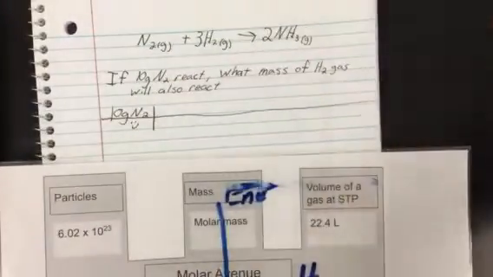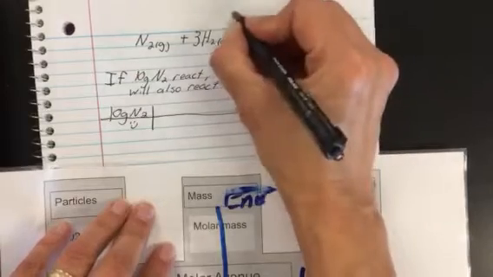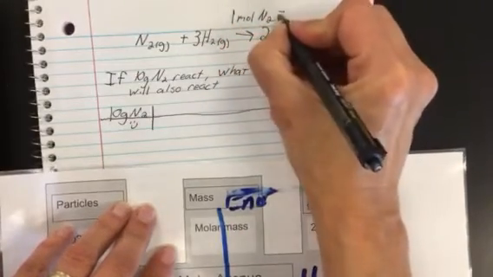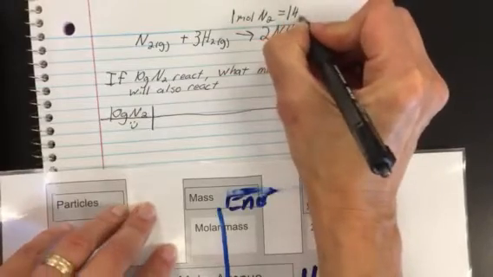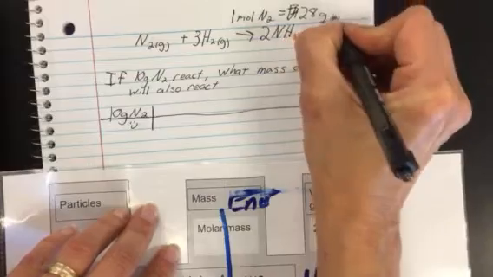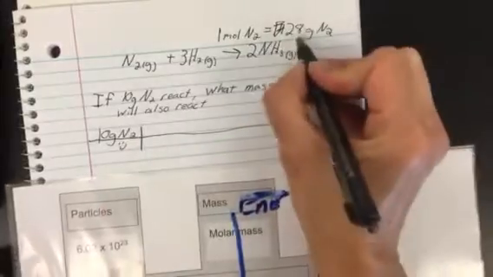Okay, I did not calculate these beforehand, so we're going to round. 1 mole N2 is equal to about 28 grams N2. You have to use the full number, but for right now, we're going to use the rounded version. Okay.